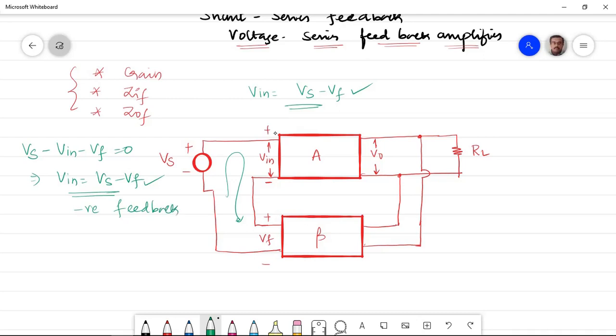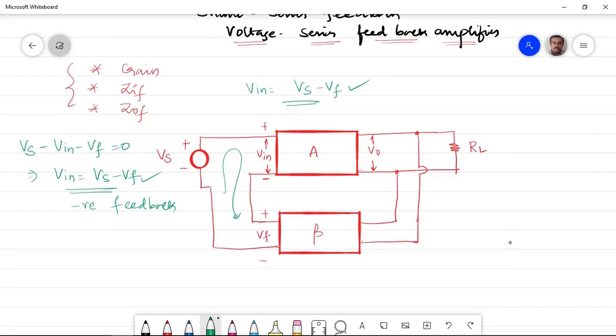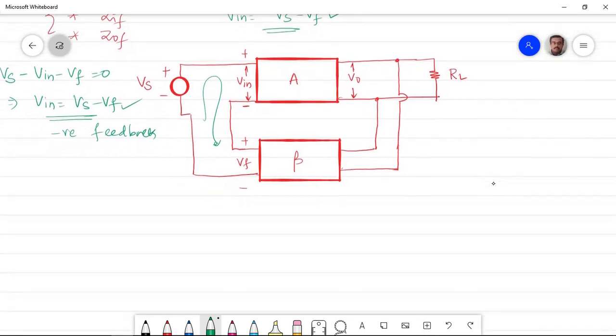Now let us try to derive an expression for the gain. We will use the same block diagram. What is the equation for the gain? A is equal to V naught divided by Vn. Can I also write it as V naught divided by Vs?